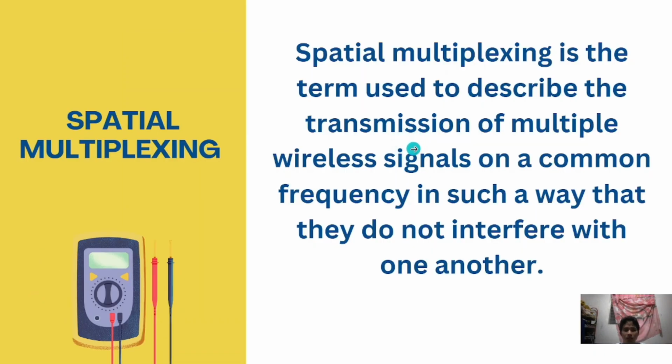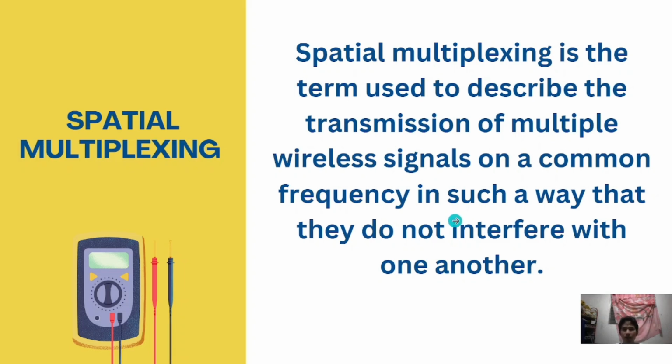Then, spatial multiplexing. This is a type of multiplexing. Spatial multiplexing is the term used to describe the transmission of multiple wireless signals on a common frequency in such a way that they do not interfere with one another.